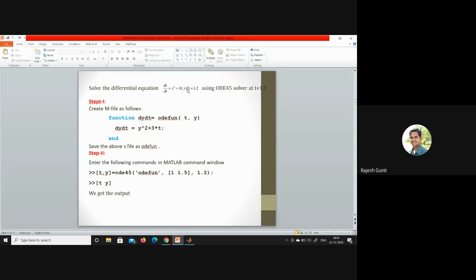My t-span is 1 to 1.5, so y(1) is equal to 1.2, and y0 is this one. We have to create an M-file like this. My differential equation is dy/dt is equal to y square plus 3t, y(1) is equal to 1.2.